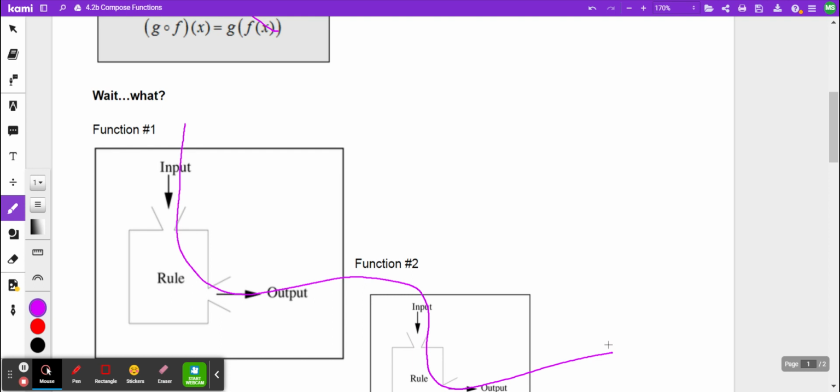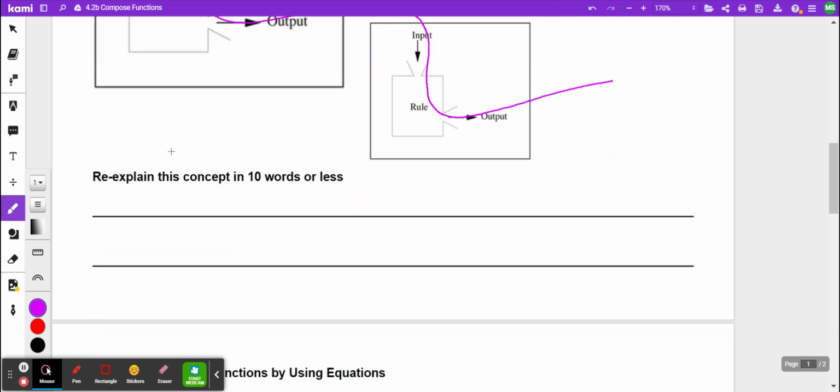So now, after this is the second time we're going through this, briefly touching on it though, I want you to re-explain this concept in 10 words or less. Go ahead and write it on your worksheet as well as your Edpuzzle. Going on in 3, 2, 1.